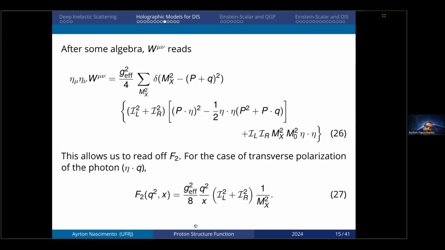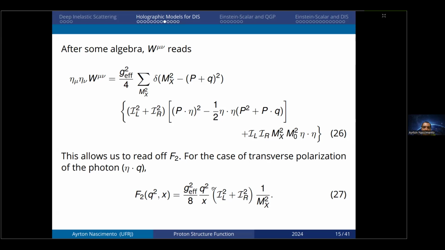And what we get for this model is equation 27 over here. So you get an F2 function which is given in terms of the Bjorken x, and this m_X over here, just the mass of the final state, okay? And we can just work with this one in the model, doing the computational part of this problem.